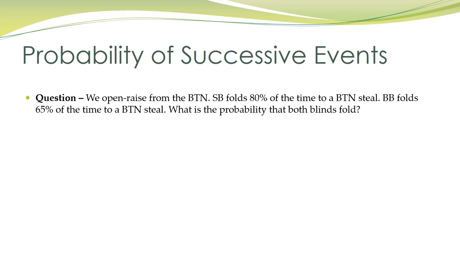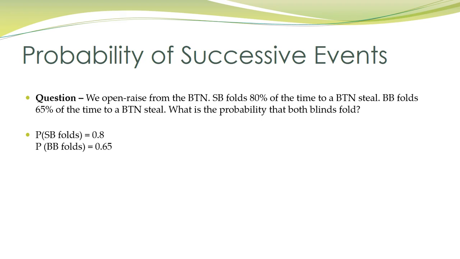So hopefully we can see this idea of calculating the probability of successive events. The chance of event A occurring multiplied by event B. Event A is a small blind folding, which happens 80% of the time, and event B is big blind folding, which happens 65% of the time, assuming small blind's already folded. So here are the probabilities represented in decimal format.